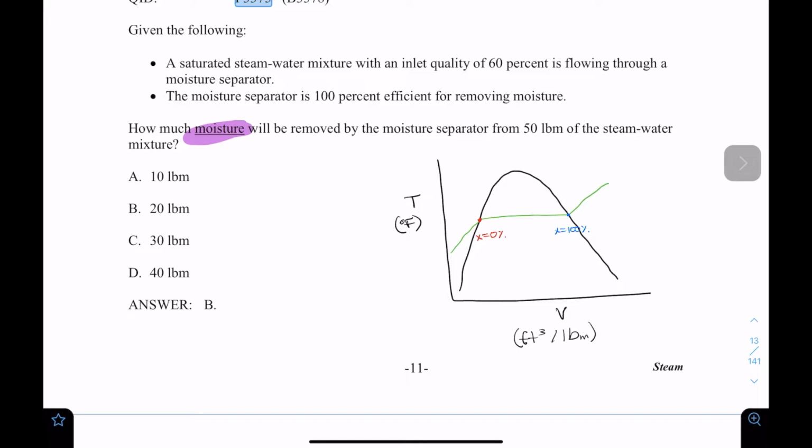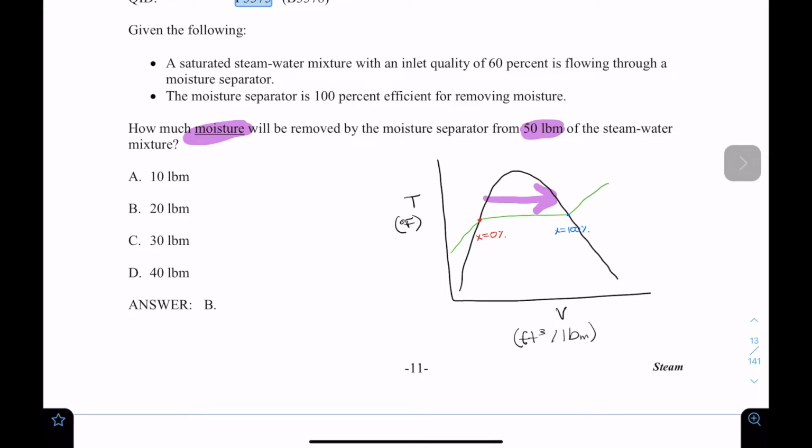So if we want to get rid of the moisture, we have to increase the heat. We have to go towards that direction if we want to remove all the moisture. So we have to get closer, right? So to 100%. And we start with 50 pounds of mass.